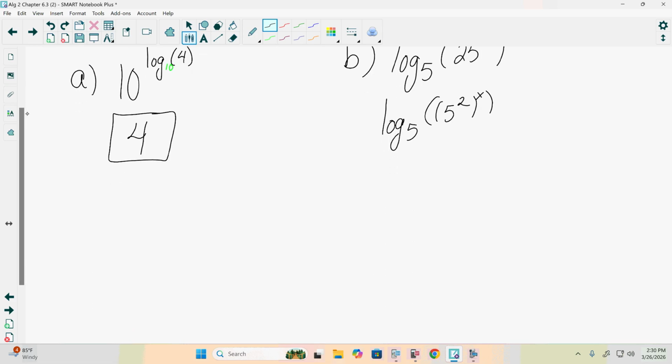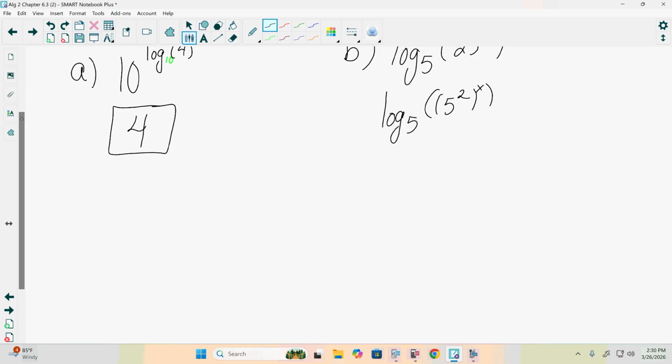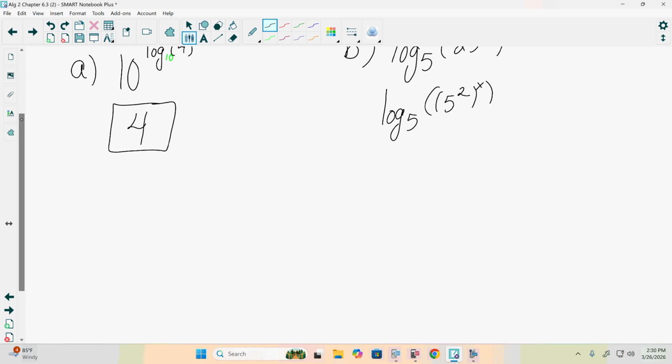And by doing this, we can now simplify that log base 5 of 5. But before we do, we need to simplify what's inside that log, because our 5 squared to the x, powers of powers multiply. So our 5 squared to the x is going to be 5 to the 2x.